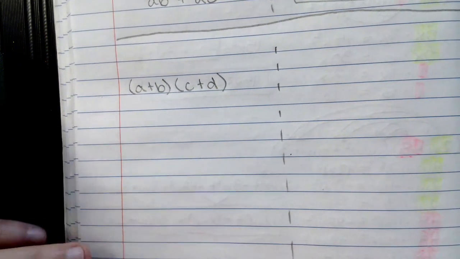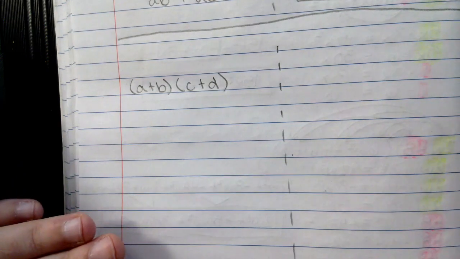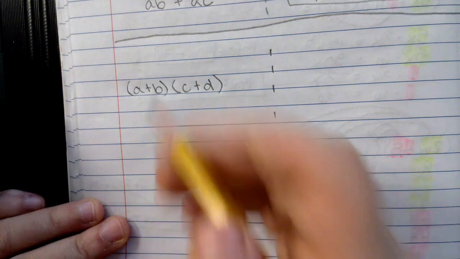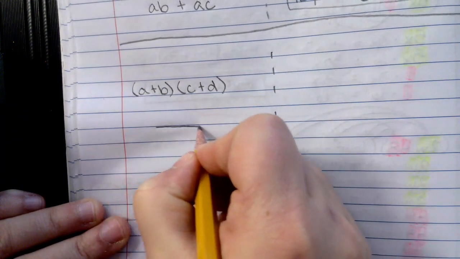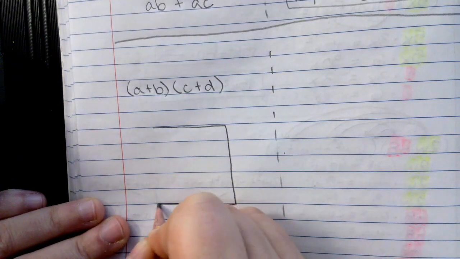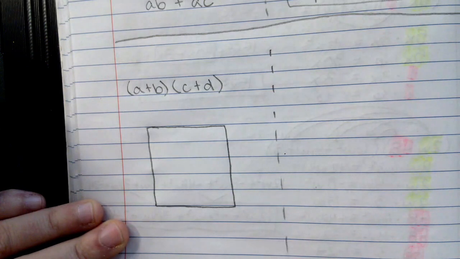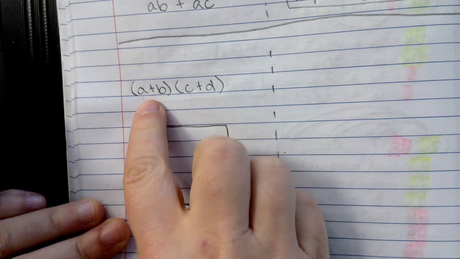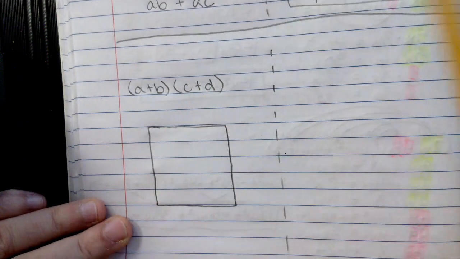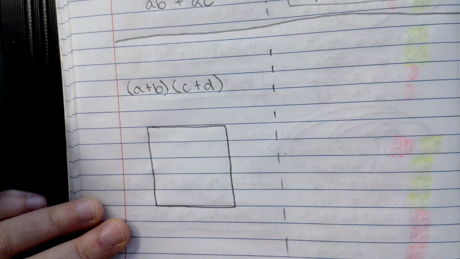So for this one, I'm going to draw my area, my box. And this is a binomial times a binomial. So how many parts by how many parts? How many are in that first part? 2. And how many are in the second part? 2. I like to not draw on my lines right away. I do my numbers first. So I'm going to start with A. I'm going to put A here. But then there was a plus B, so I need to split that up.